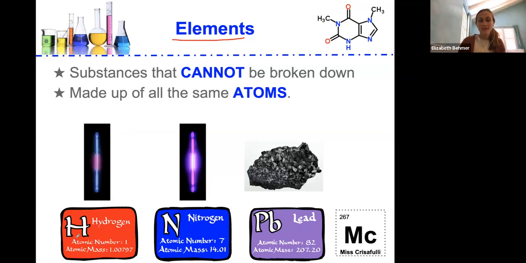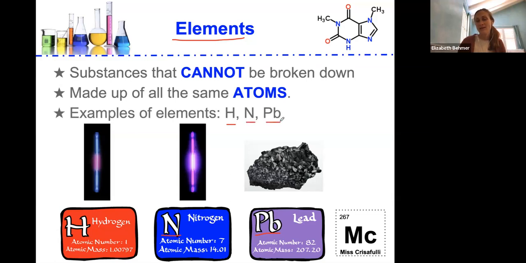This is the atomic symbol of hydrogen, a big letter H. We have nitrogen with the atomic symbol of the uppercase N, and lead with the atomic symbol of Pb. So those are types of elements. These are substances that cannot be broken down, and they are made up of all of the same atoms. And here are examples: hydrogen, nitrogen, and lead.